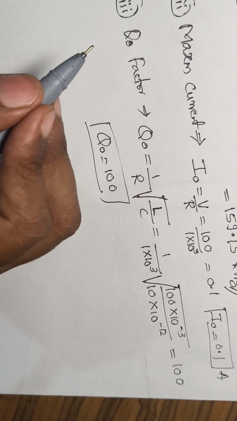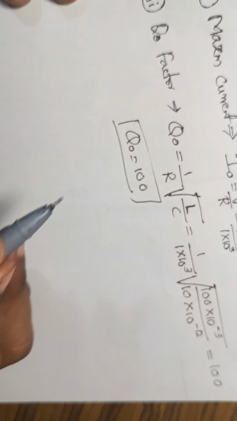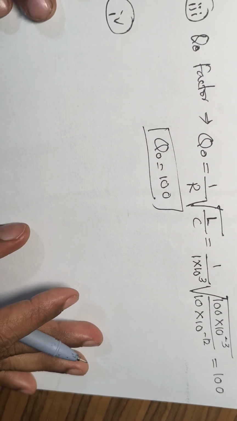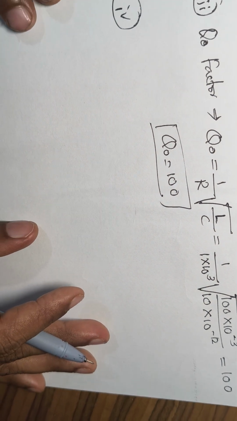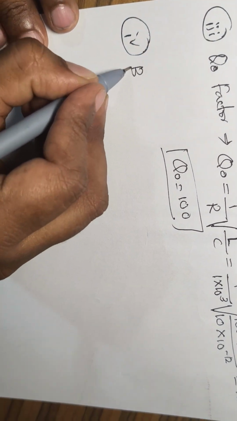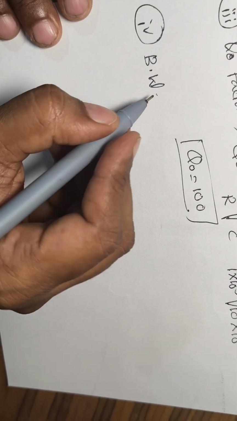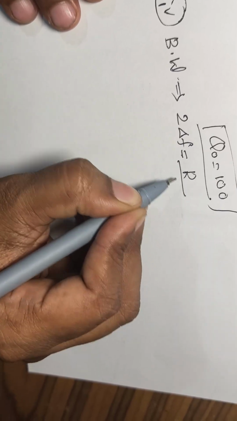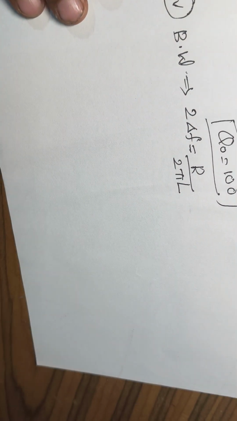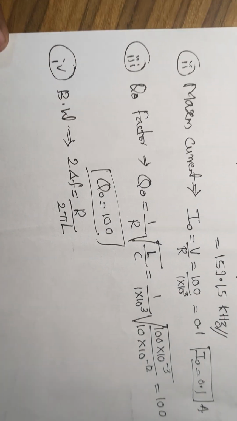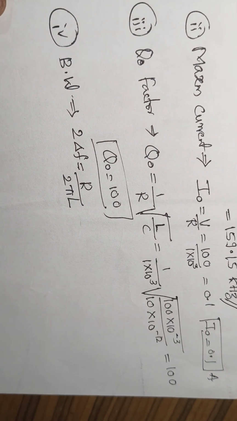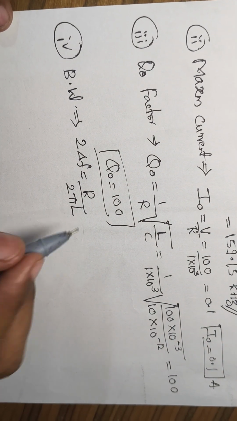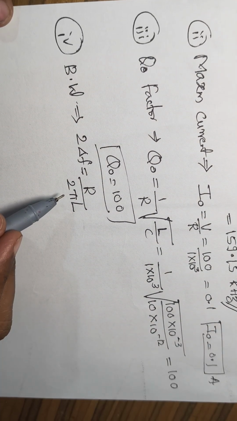Okay. Now, next you have to find out the value for bandwidth. So fourth is bandwidth. It is given as 2 delta f is equal to R divided by 2 pi L. Now you want the value for delta f because we need to find the half power frequencies.